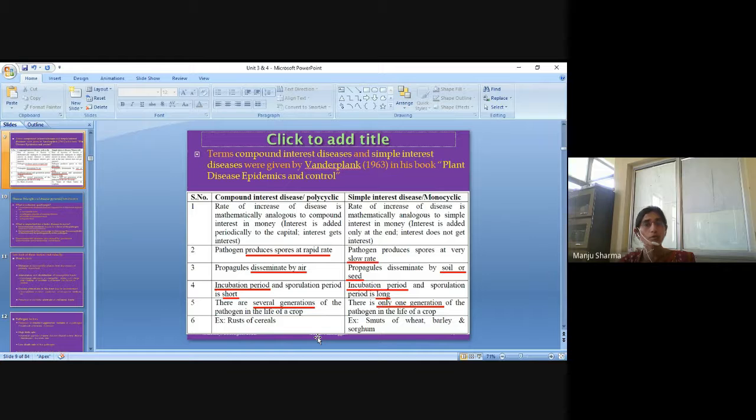The rate of increase of disease is mathematically analogous to compound interest in money, where interest is added periodically to the capital and interest gets interest. That is polycyclic or compound interest disease.